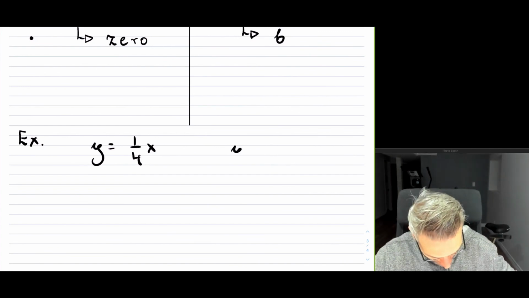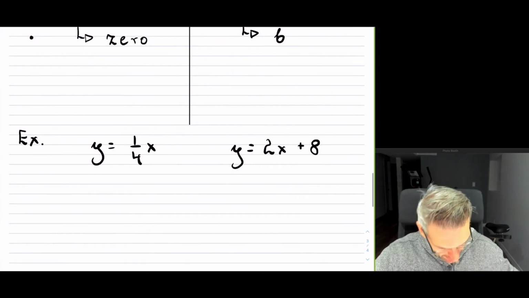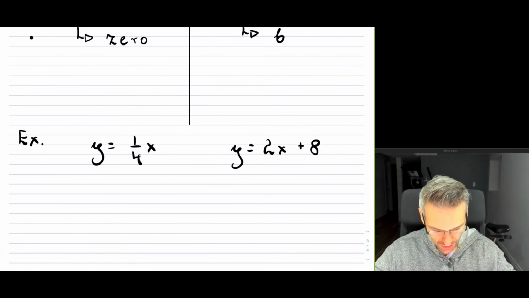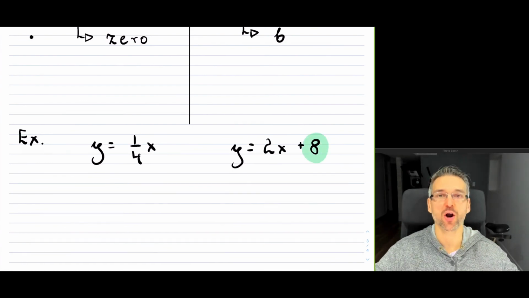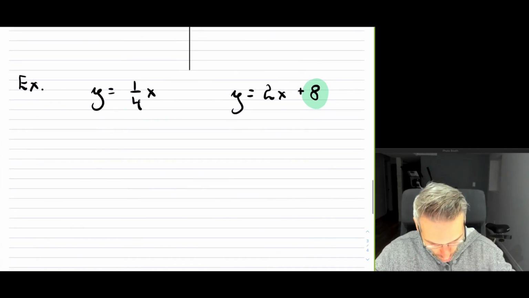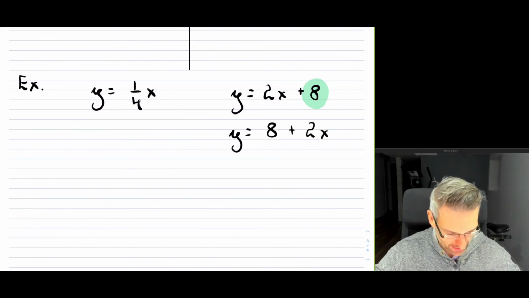If I gave you something like 2x plus 8, right away, because of the shift that you see right here, this is a partial variation. Now, please don't get fooled, because sometimes it might be written out in the other format.